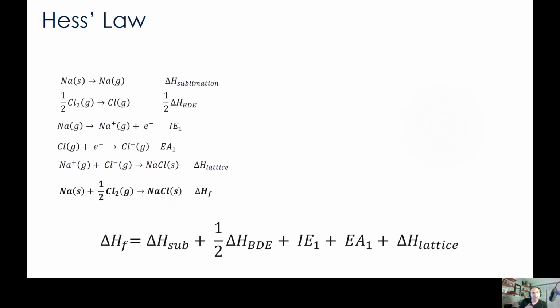So going from solid sodium to sodium gas, that is the enthalpy of sublimation. I've got it indicated here as delta H of sublimation. And this should come as no surprise, it is an endothermic process, right? I have to add energy in order to get something to boil or vaporize. So that works really well.